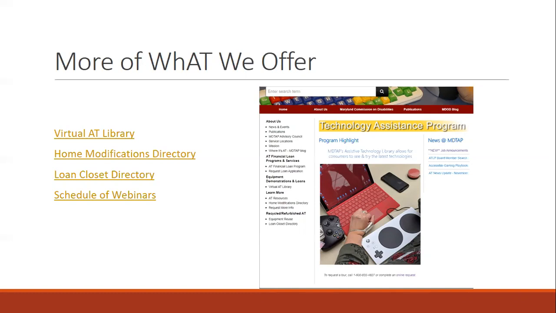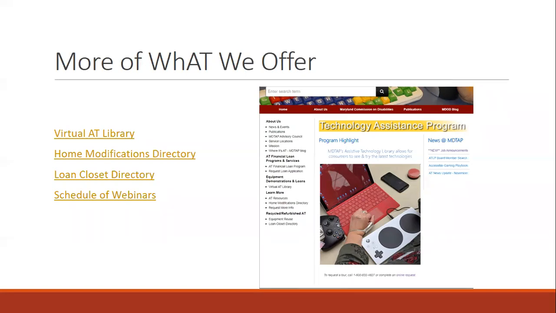But in our loan closet directory, there is a list of a lot of different places that do that stuff, that might have it for free, that might have a small charge. So all that information is listed on that link, and it has contact information for all of them and what you can expect them to have or not have.